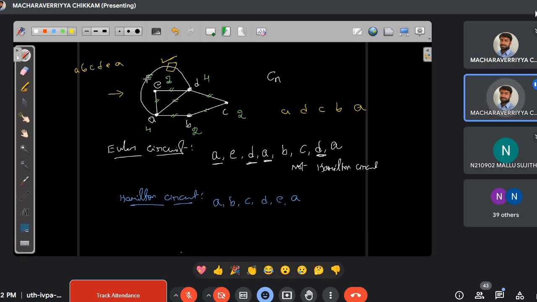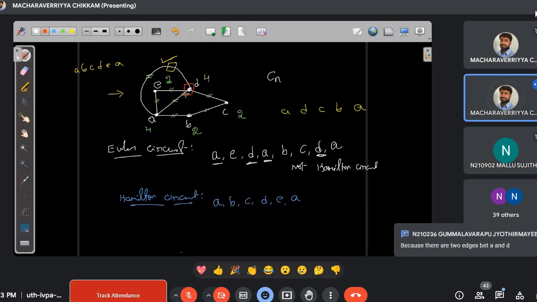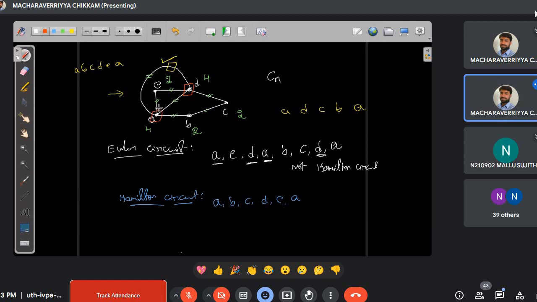You understand? I hope the simple reason that we can give here is, if you need an Euler path, then definitely this vertex D needs to be visited more than once, because it is of degree 3. Okay, and also here you have a vertex of degree, it is of degree 4, right? Not 3.